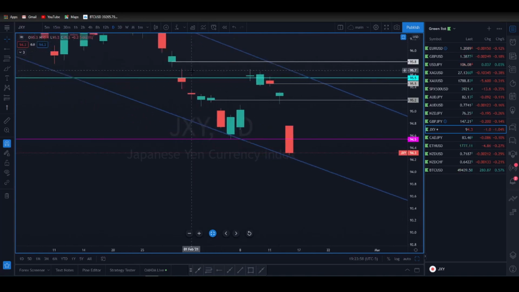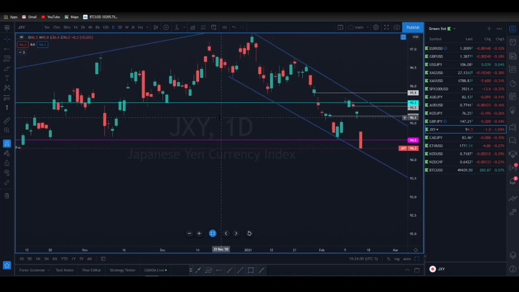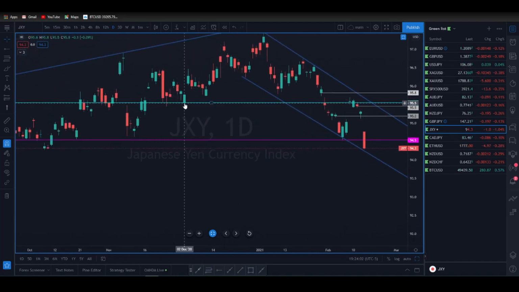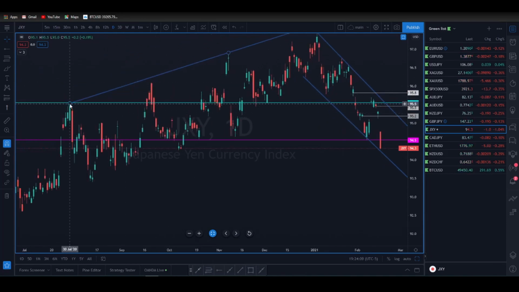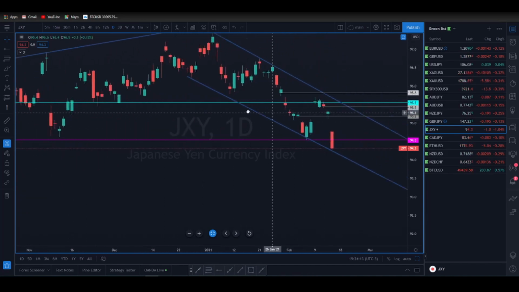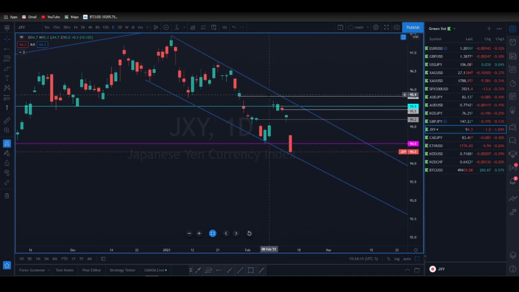So basically I was looking for a retest of that area, which the main area I was looking at was 95.50, because on a daily chart you can see that it was clearly an area that price respected multiple times. So it is a traditional support and resistance area. So I was looking for that area to be held as resistance, and if we closed a daily or 8-hour candle above 95.80, which was this line here, then the trade was no longer valid.